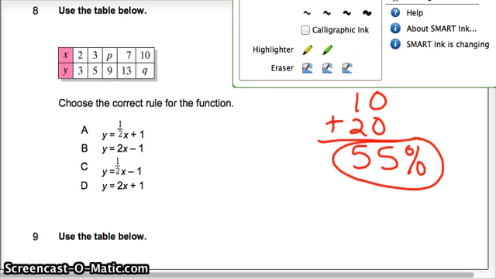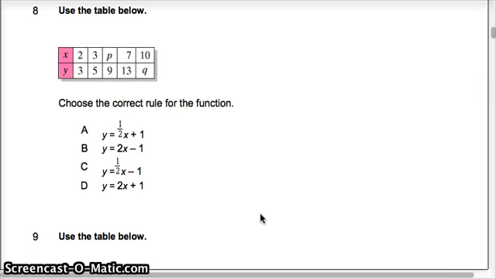Number 8, I'm looking at a table that has a pattern. They want to know what's the rule for this function table. So I would set this one up by thinking in what numbers, when I plug in x for a number, for example 2, which ones will give me 3 for my y output.